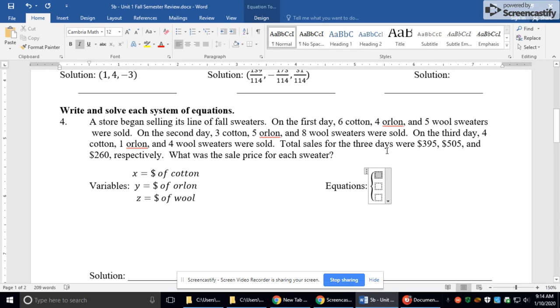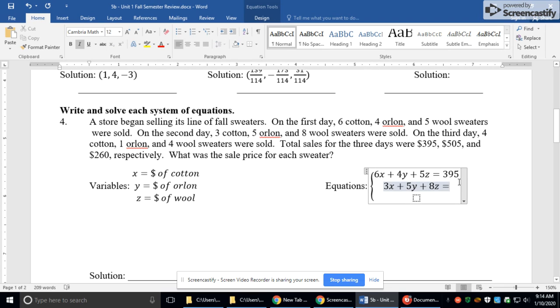The first day you sold 6 cotton, so 6x. Then you sold 4 Orlon, so 4y. Then you sold 5 wool sweaters, so plus 5z. How much money did you make? 395. That was the first number it said, so equals 395. The second day was 3 cotton, so 3x, 5 Orlon plus 5y, and then 8 wool plus 8z equals 505.